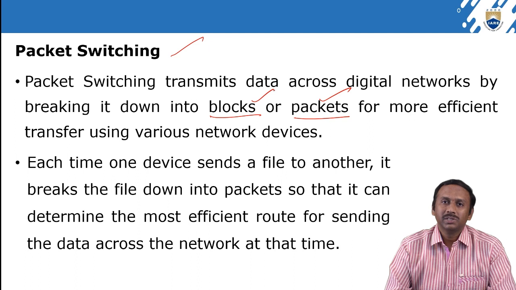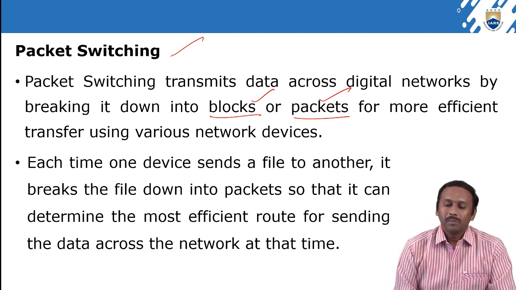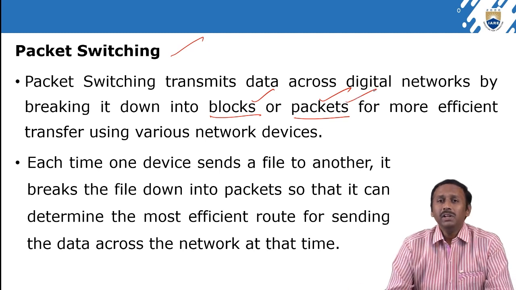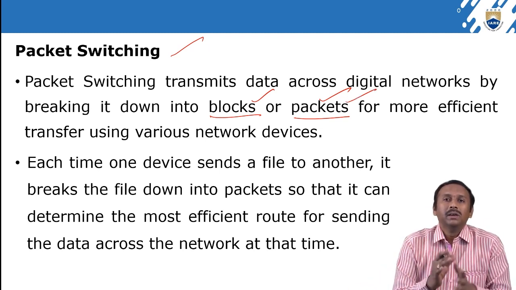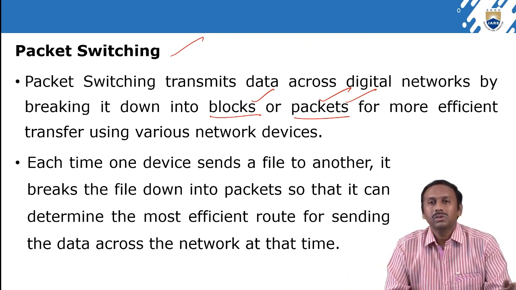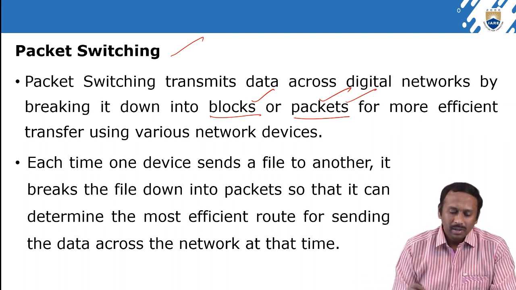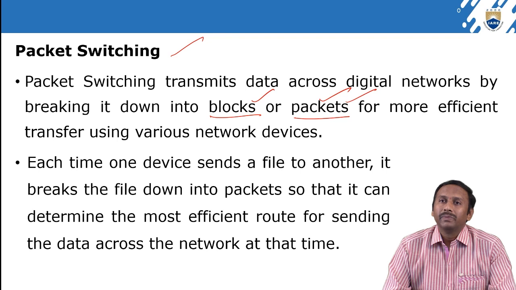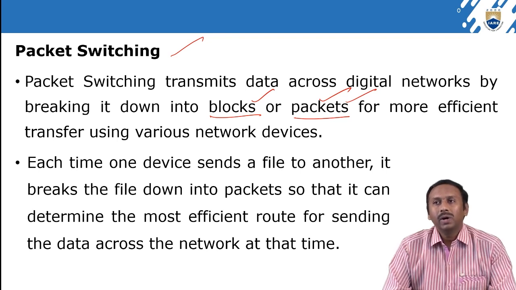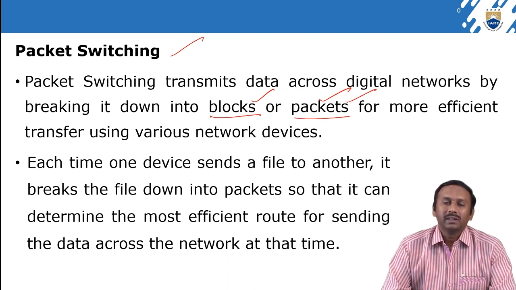Even if it is data units, it will be made into data packets, or blocks we can call them, and those are transmitted through packet switching. Each time one device sends a file to another, it breaks the file down into packets so that it can determine the most efficient route for sending the data across the network at that time, right?